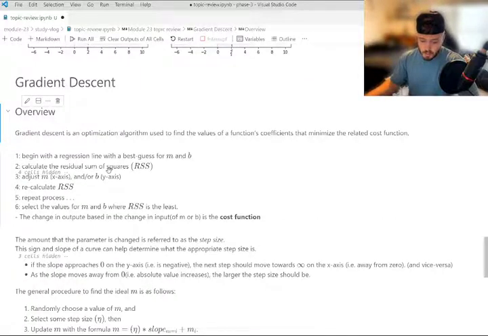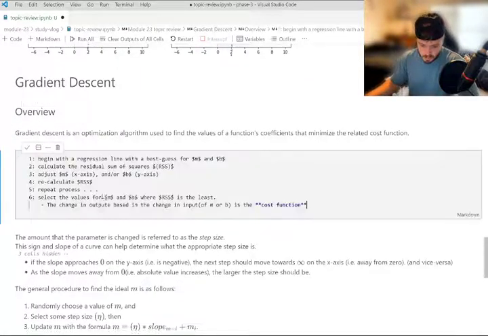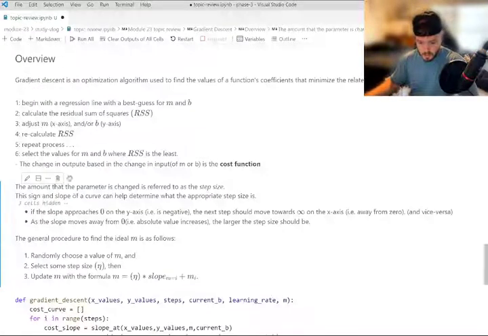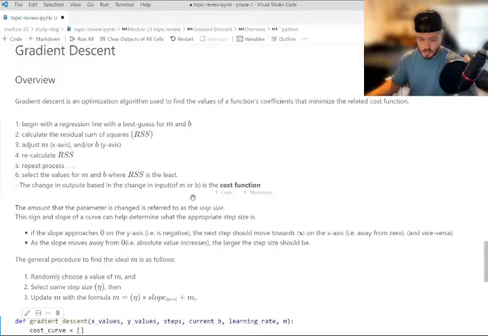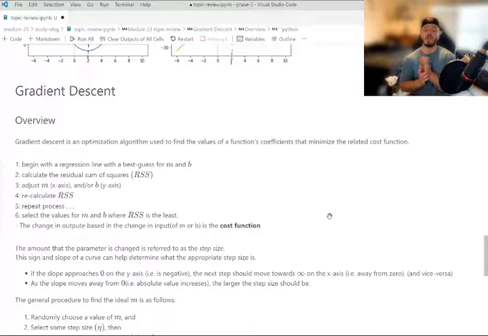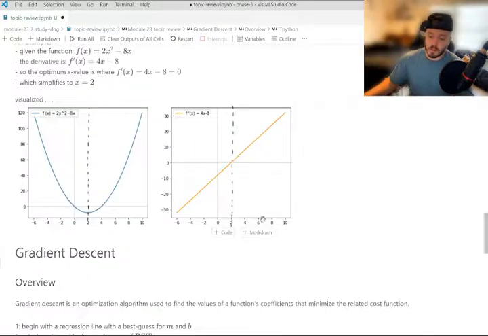So gradient descent, now this is bugging me. It is an optimization algorithm used to find the values of a function's coefficients that minimize the related cost function, right? So our cost function is always going to be this nonlinear function right here.